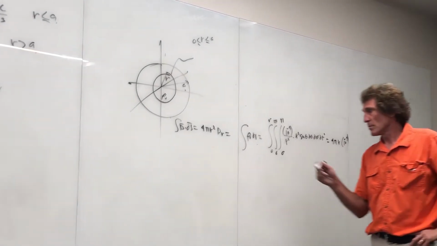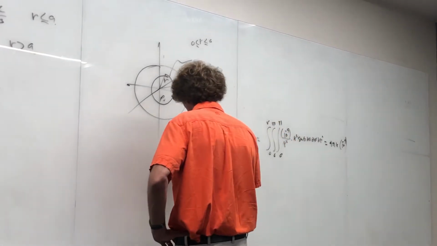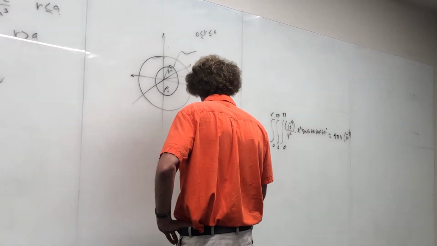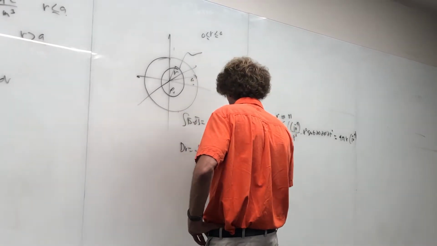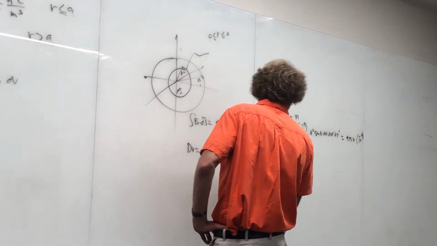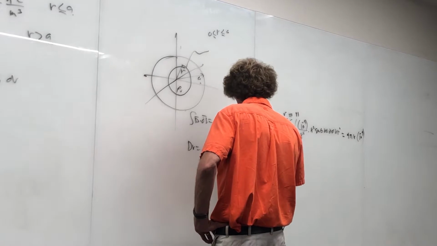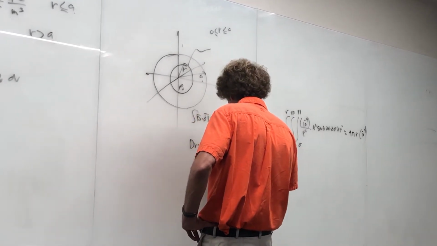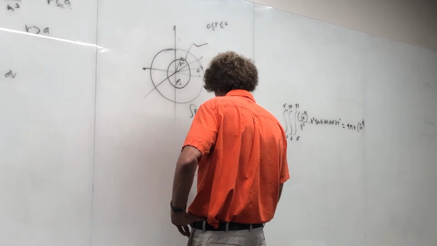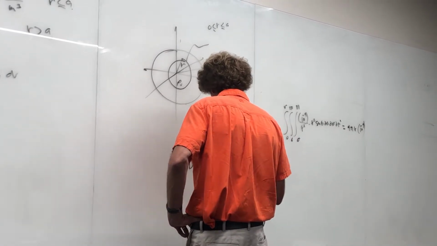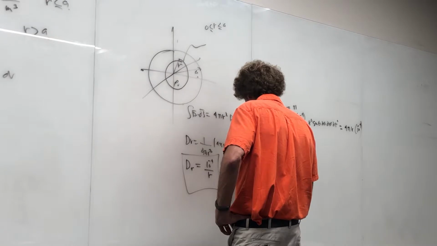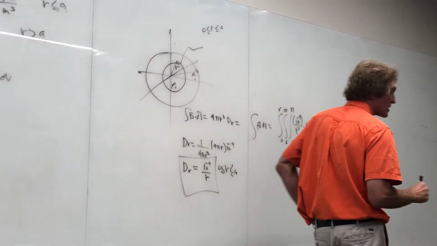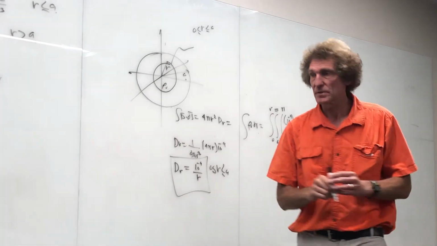And therefore, when we find Dr here, it's going to be 1 over 4 pi r squared times 4 pi r 10 to the minus 9th, or really just 10 to the minus 9th over r is Dr. And that is for r greater than or equal to 0 and less than or equal to a. That's the first part. Agreed? Any questions so far?